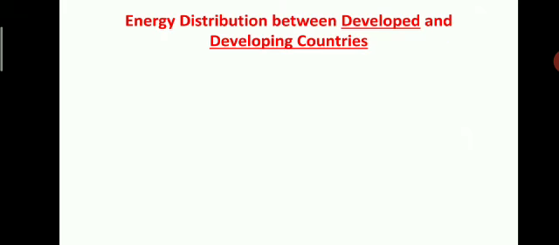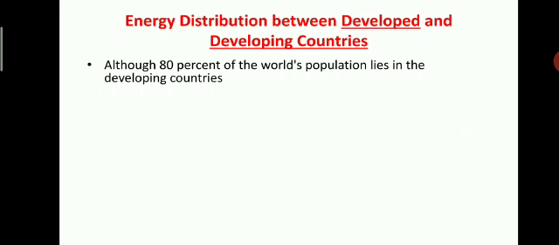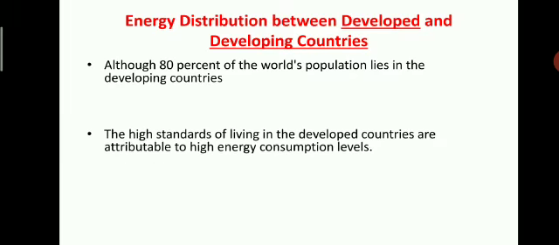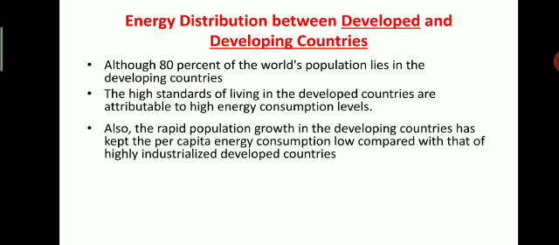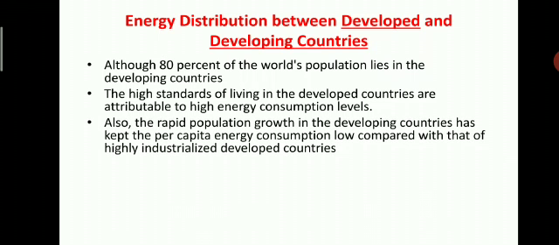So energy distribution, let us see between developed and developing countries. Although 80% of the world's population lies in the developing countries, this is very important. The high standard of living in the developed countries is attributable to the high energy consumption level. Also, the rapid population growth in the developing countries has kept the per capita energy consumption low compared with that of the highly industrialized developed countries.